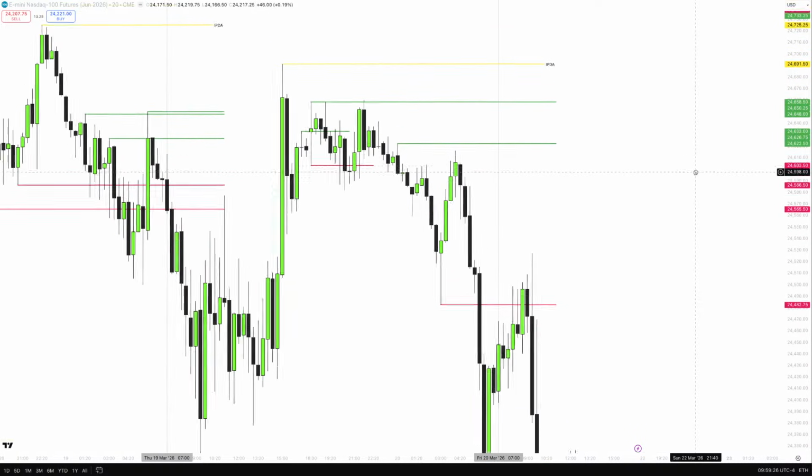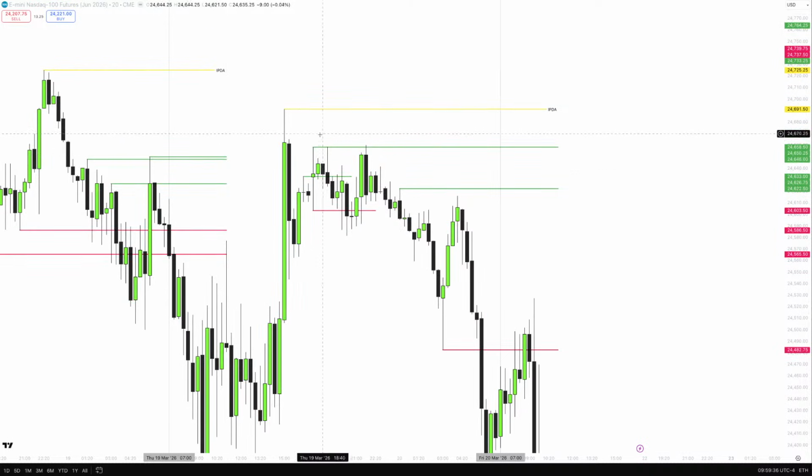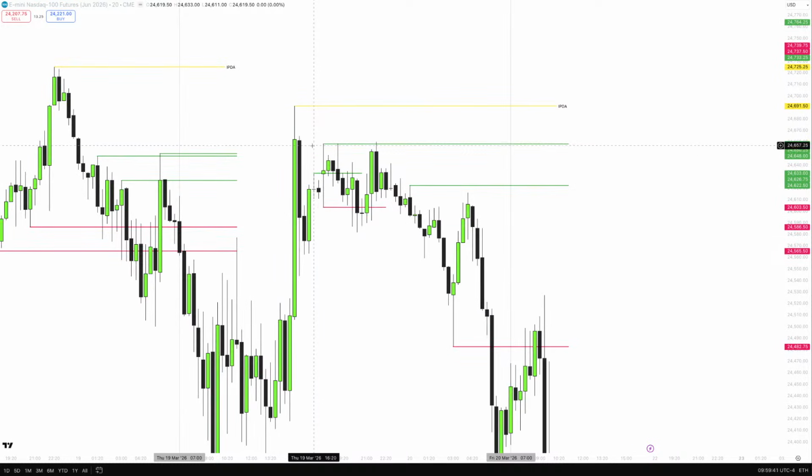So as you can see right here, these are the IPTA highs. So this is 12, like this is midnight. This is 6 p.m. So also an IPTA high, and this is 4:20. So if you count it, 1 plus 6 is 7, 7 plus 2 is 9.